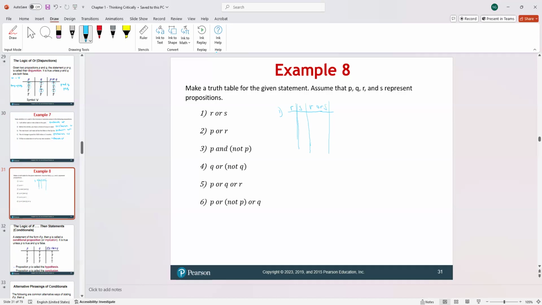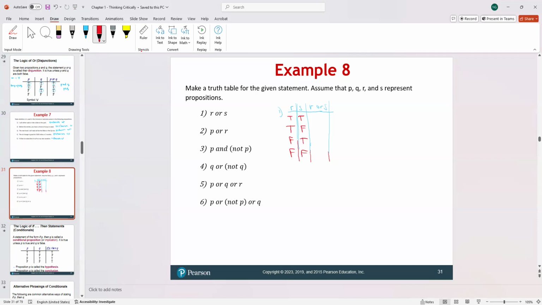But the first thing to remember is that if the first proposition is true and the second is true, you can have both of them true. Or you have the first one true and the second one false. Or the first one false and the second one true, or both of them can be false.